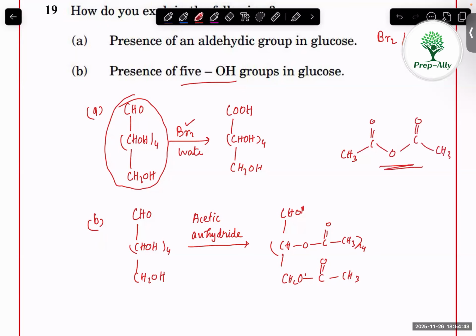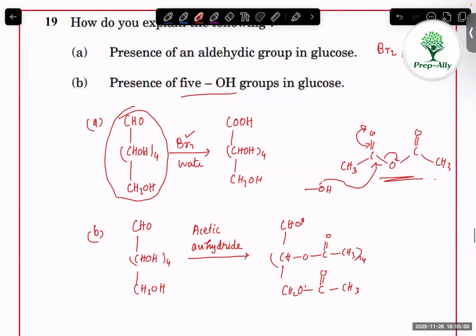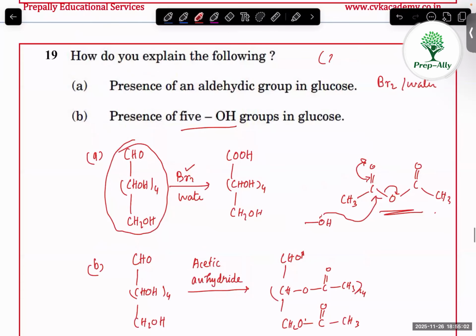So when you react, all the OH groups will actually attack here, this reaction will happen like this, and this particular bond will break. So you will get an OCO CH3 bond there. But just remember that these are 2 marks questions. So if you write both of them, you will get the answer.